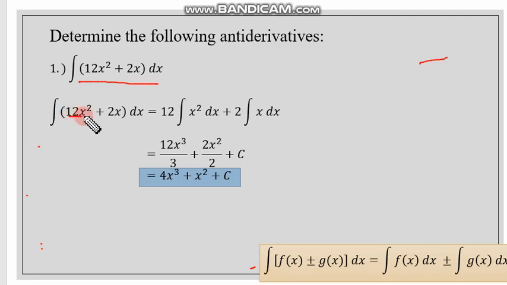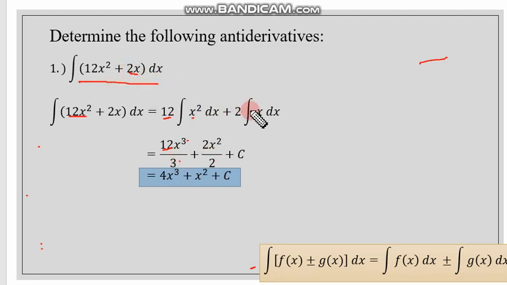So 12 times the integral of x squared: x squared, 2 plus 1 is 3, all over the exponent, which is 3. So that's 12x cubed all over 3.